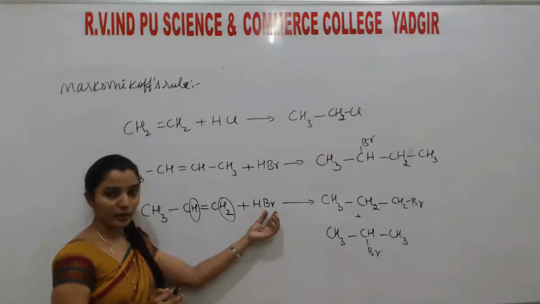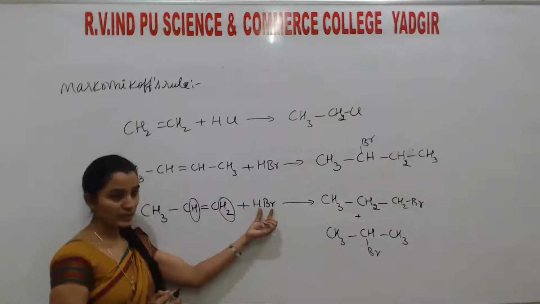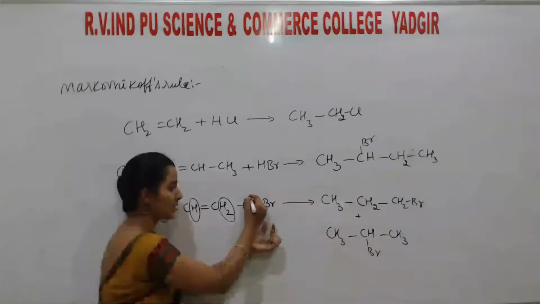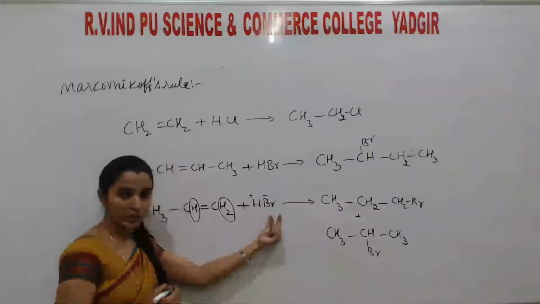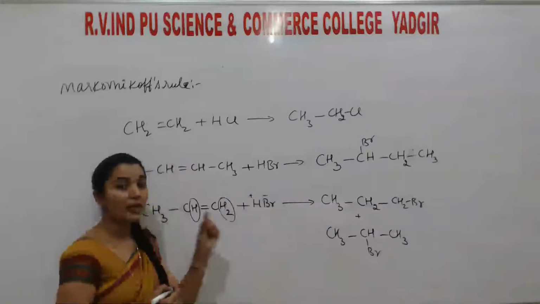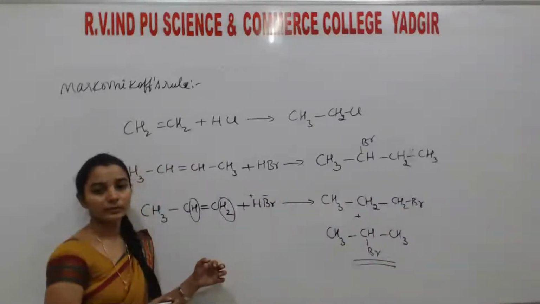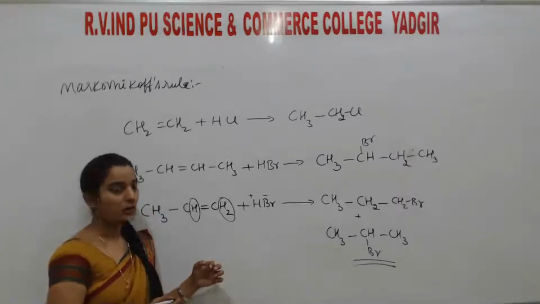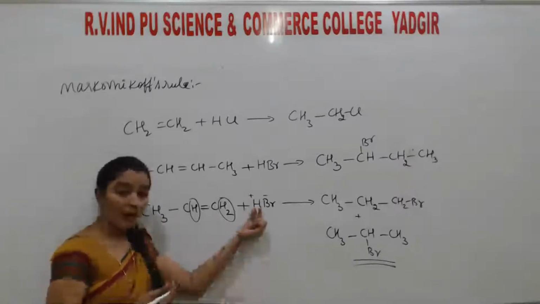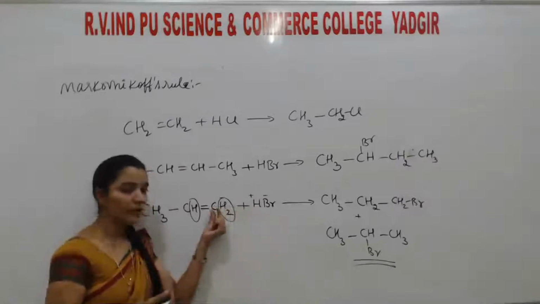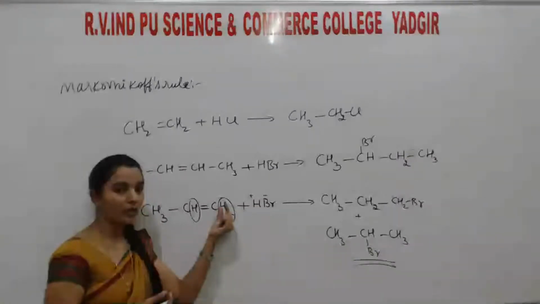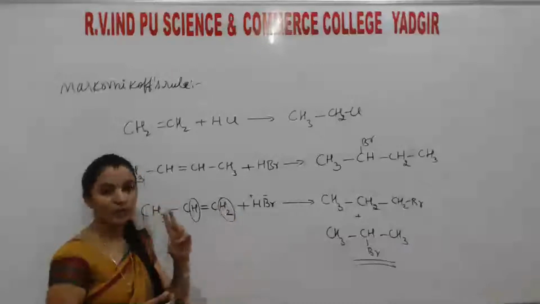Which one is the negative part here? In this unsymmetrical reagent, H is plus and Br is minus. Always the negative part of the reagent bonds to the carbon having fewer hydrogens. Understood? You may also write that the positive part of a reagent always goes to the carbon with the greater hydrogen. Two definitions are possible for the Markovnikov rule.